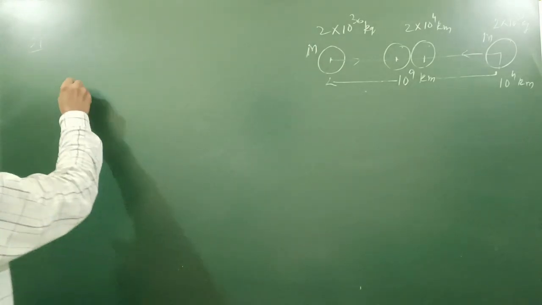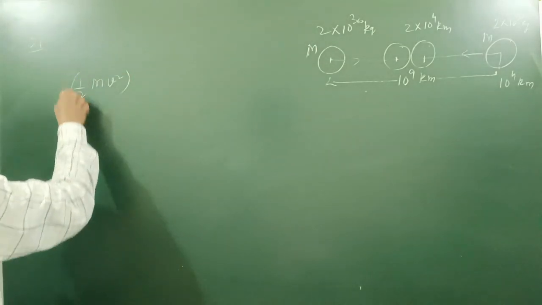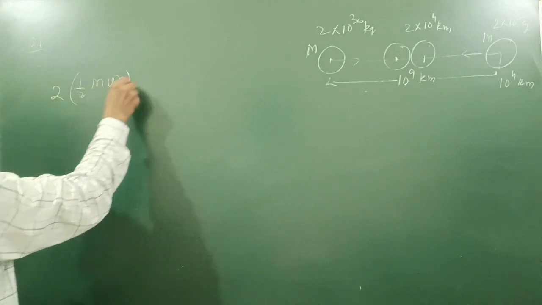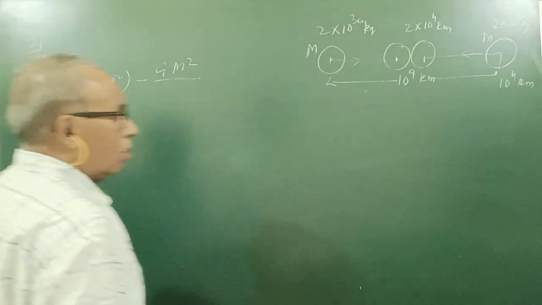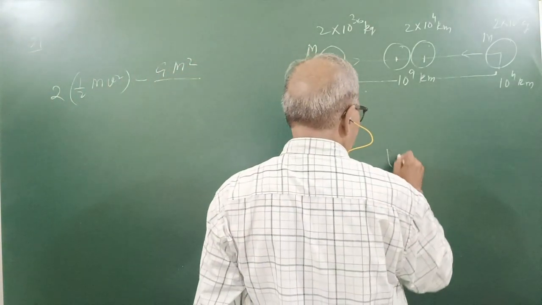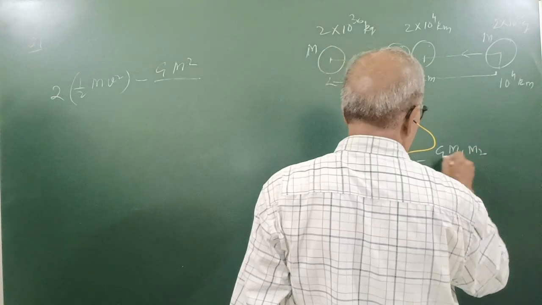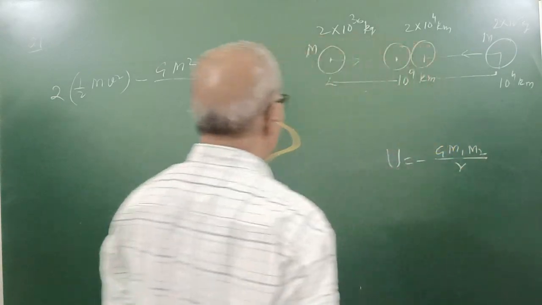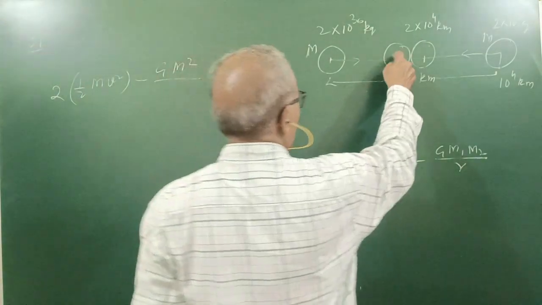That is, half mv square of 1 and 2, minus GM square upon the distance, since the potential energy formula of 2 masses is U equal to minus Gm1m2 upon r, the distance between them. So here two masses are there.